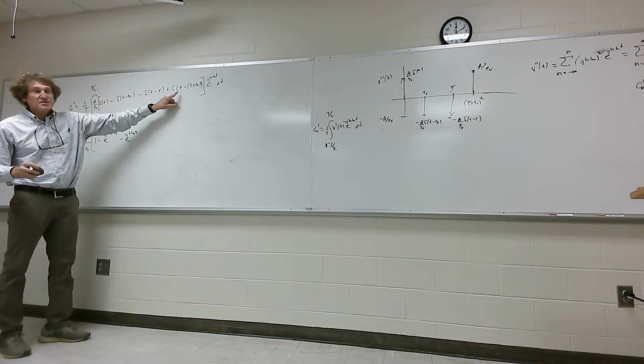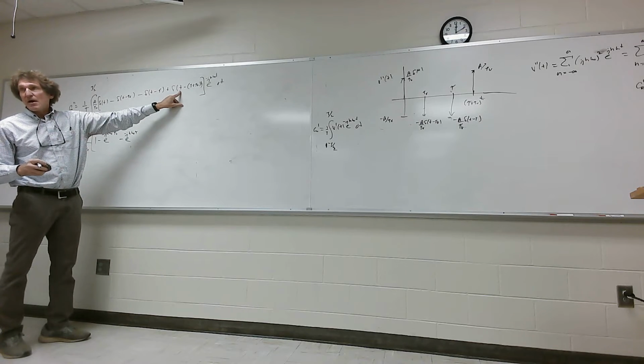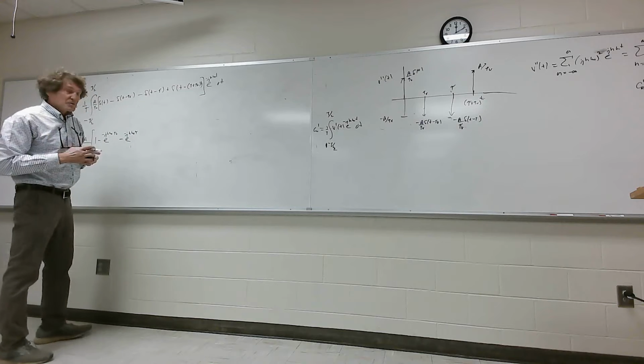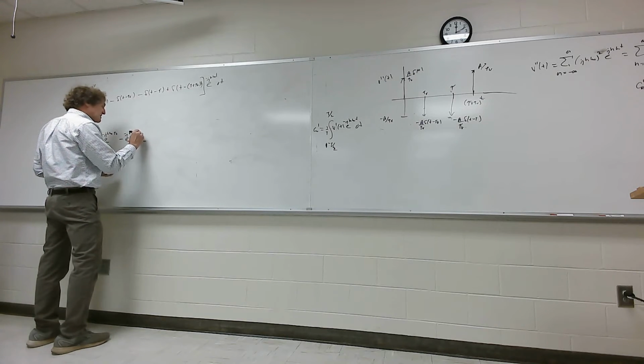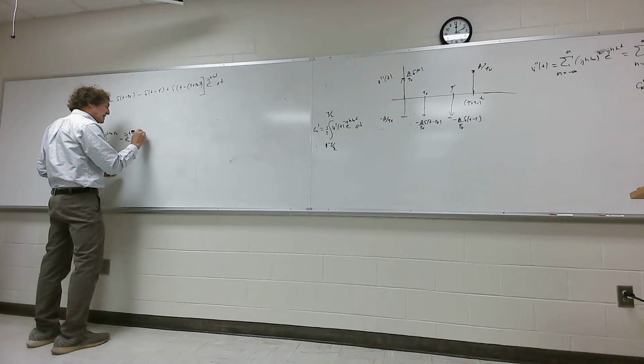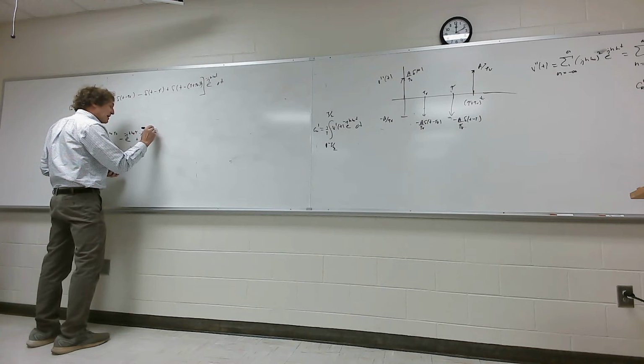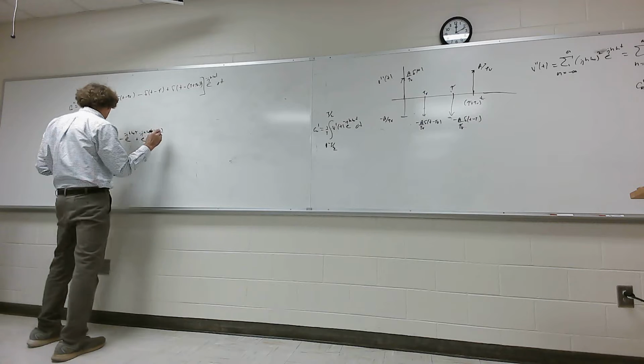Finally, this one turns on at tau plus tau rise. Do you all follow? Can you all see it in the back there? I'm trying to really make this point clear to you. This is an important thing. You understand how these delta functions are turning on and off and why we're doing the evaluation this way. So this is going to be plus e to the minus j n omega naught quantity tau plus tau rise.